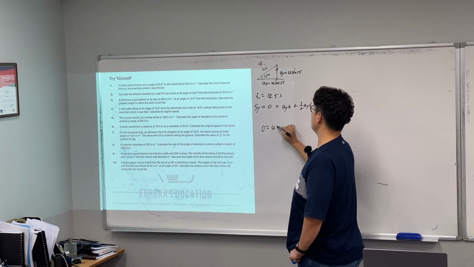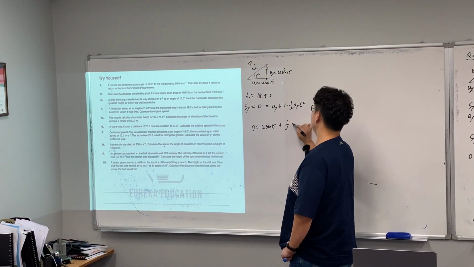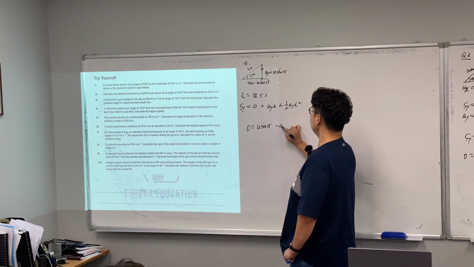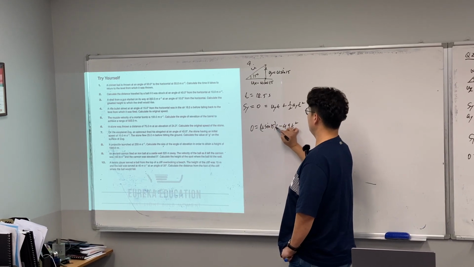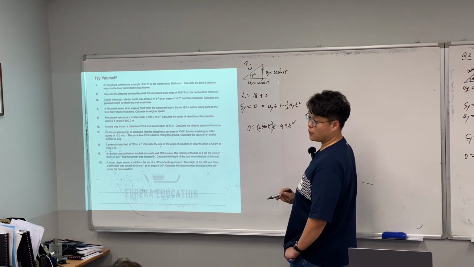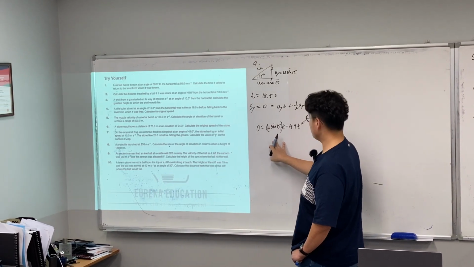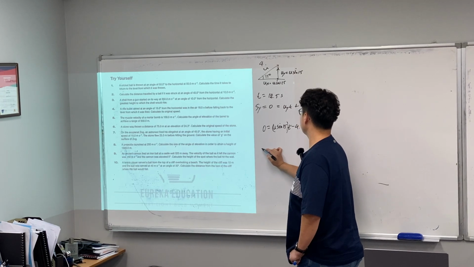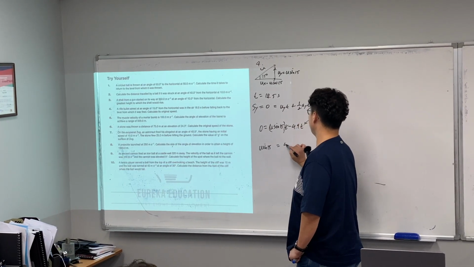So write it down: 0 is equal to u sine 15 t plus half ay, which is minus 4.9, t squared. The t can be cancelled out from the 0. So now have a think about it. To find u, we move to the other side: u sine 15 is equal to 4.9 t.